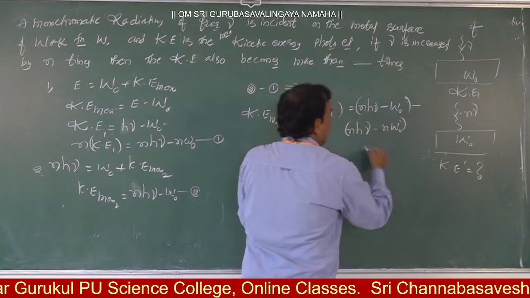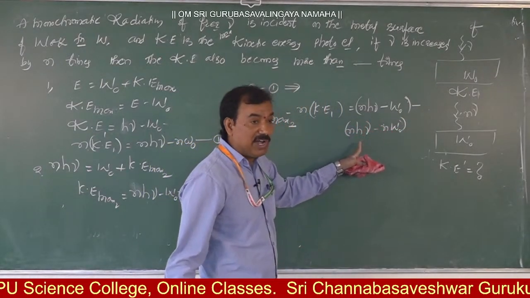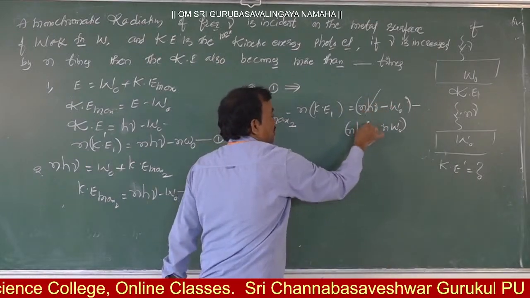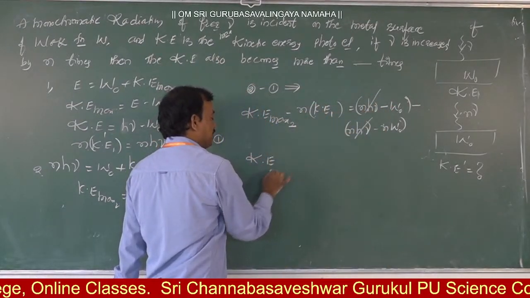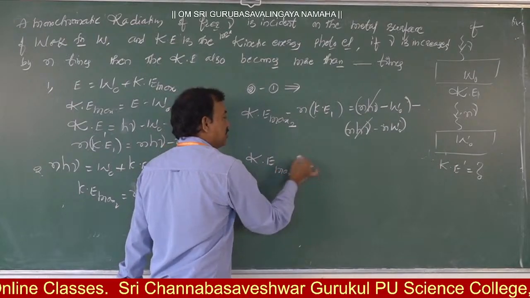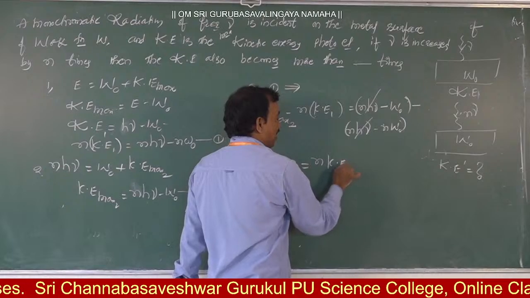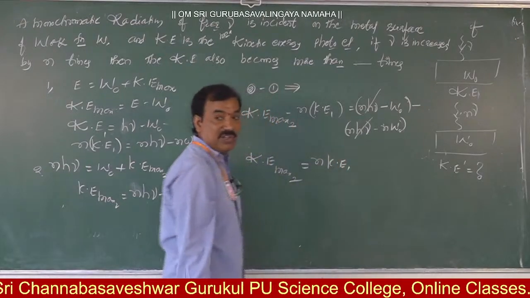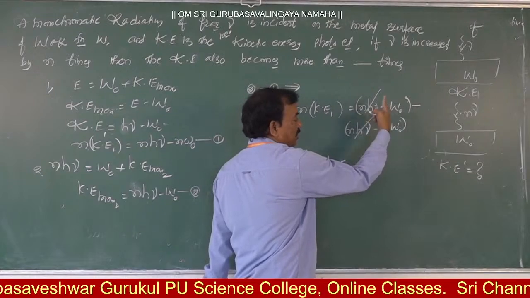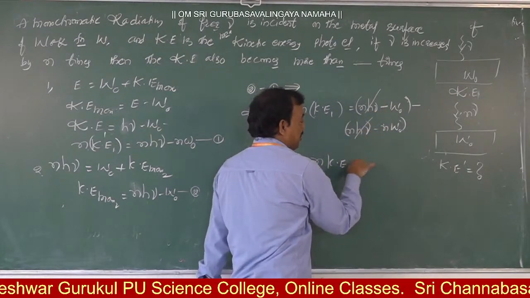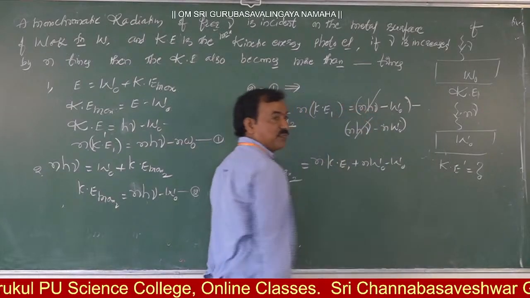Now tell me, is there any cancellation here? This n h nu minus n h nu cancels. The remaining equation: Ke maximum 2 is equal to n into Ke1, and the minus W naught becomes plus n into W naught minus W naught.